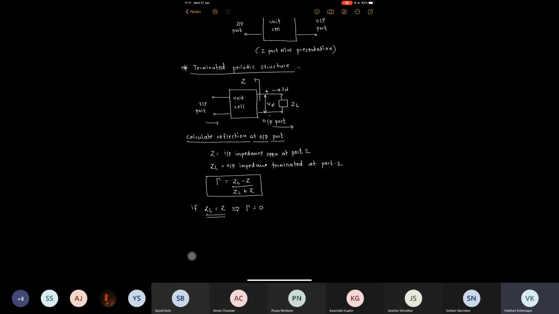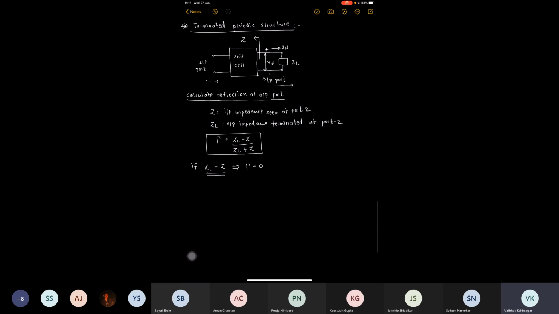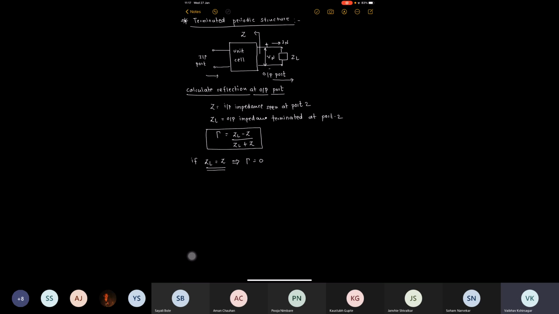So how can this be represented in terms of a waveguide? In terms of a waveguide, we already know the propagation constant, the wave number, and the cutoff wave number. Let us apply the same concept to these parameters of the waveguide.